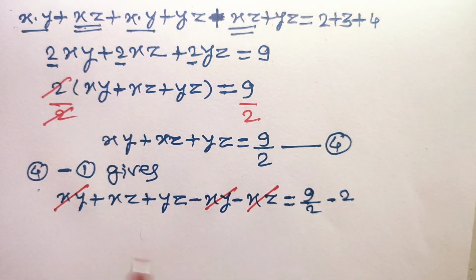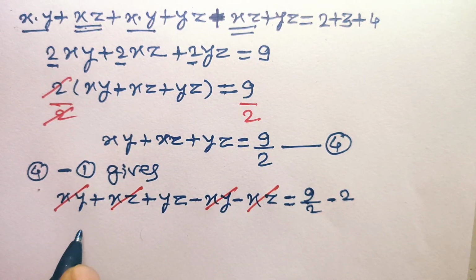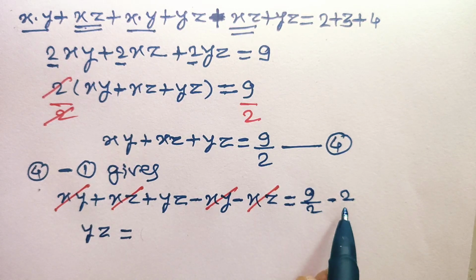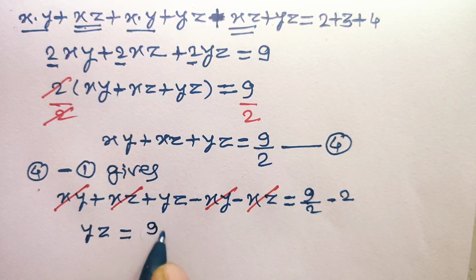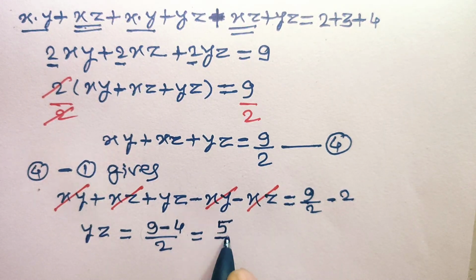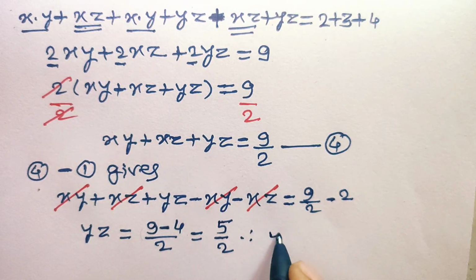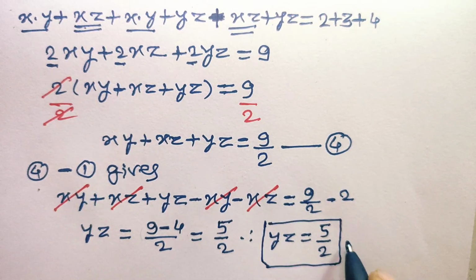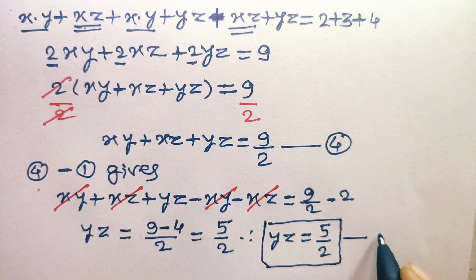This xz cancels with this xz. Hence yz is equal to 9/2 minus 2, that is (9 minus 4)/2, which is equal to 5/2. Hence yz is equal to 5/2. Consider this is equation number 5.